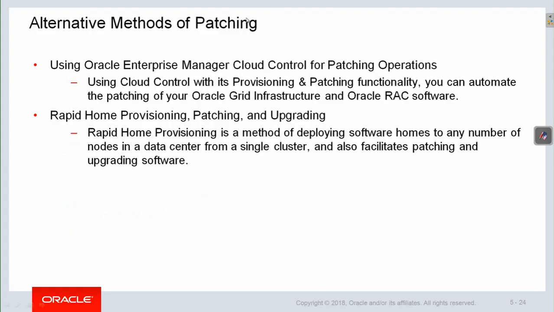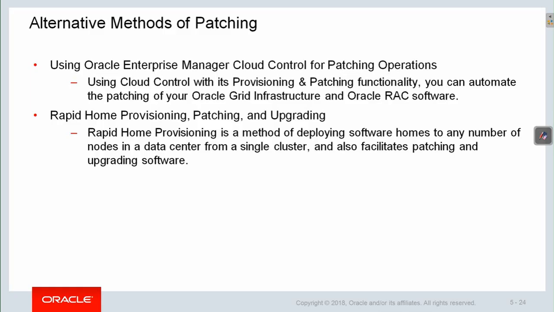So what other options are available? The OPatch utility is a utility that allows you to install patches. OUI is the method to install a patch set for a patch set upgrade. What other options are available? You can use Enterprise Manager Cloud Control for patching operations.